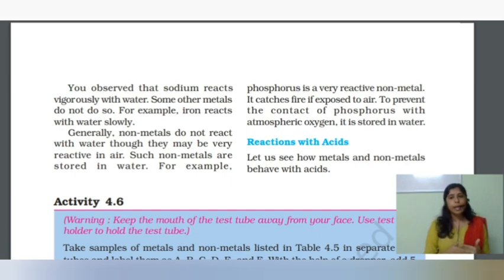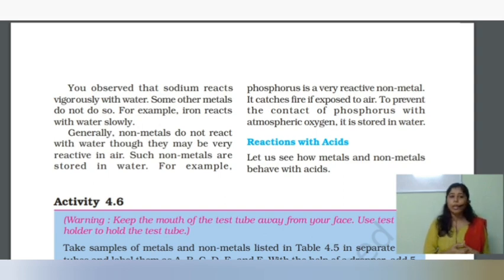When a metal reacts with oxygen, a metallic oxide is formed, and all metallic oxides are basic in nature. Non-metals react with oxygen and form non-metallic oxides. For example, sulfur reacts with oxygen and forms sulfur dioxide. Non-metallic oxides are acidic in nature.